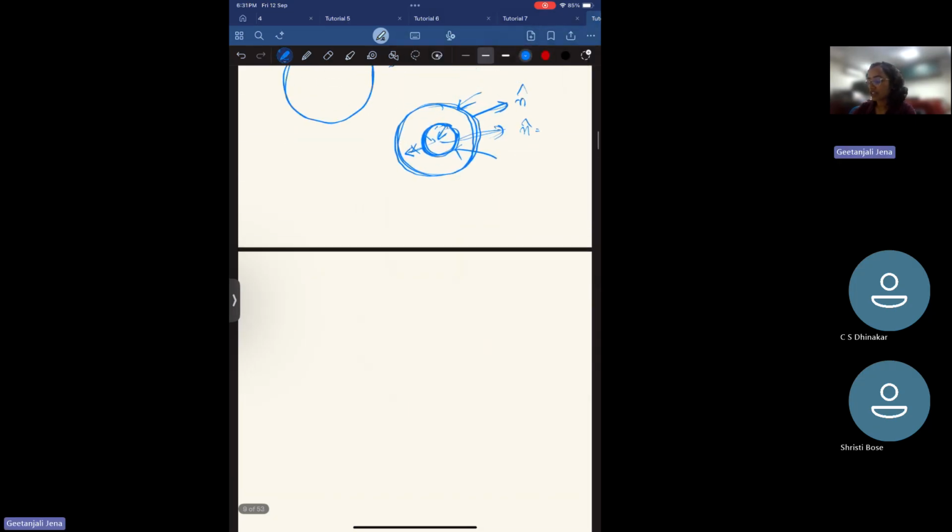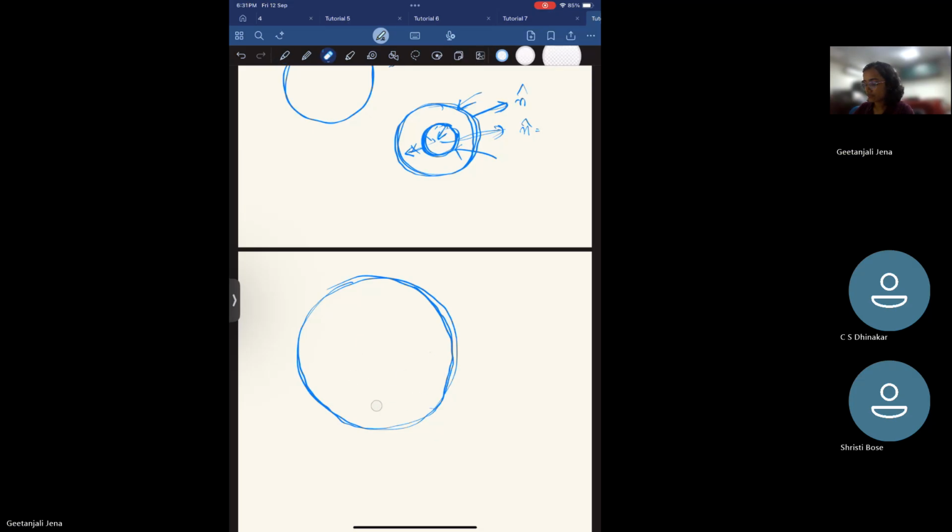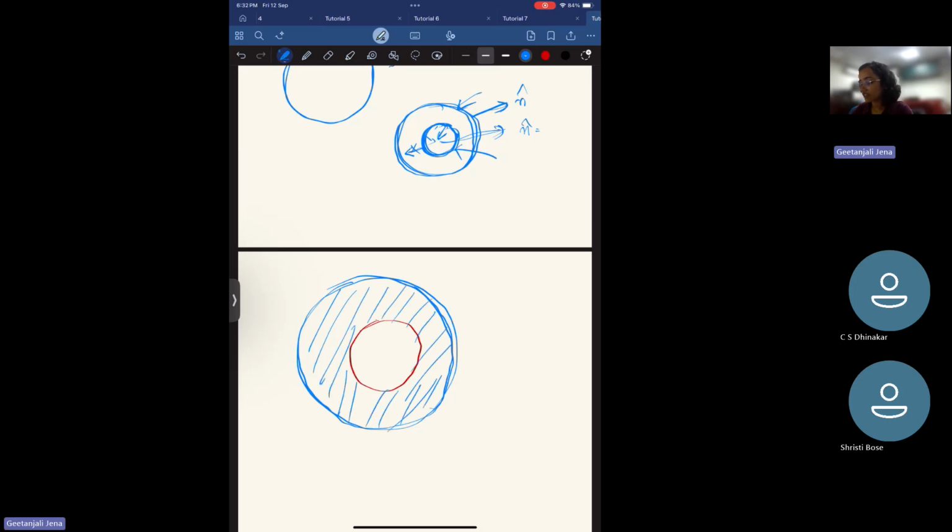What I'm trying to say is, you have two surfaces here and there is some dielectric. This is the volume of this system. You can take this as a coaxial cable or whatever you want. For this case, there is an inner surface and an outer surface.